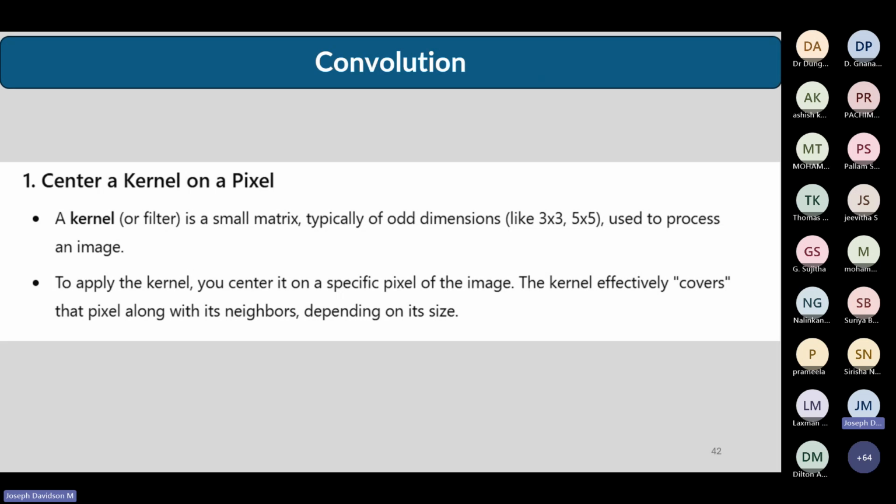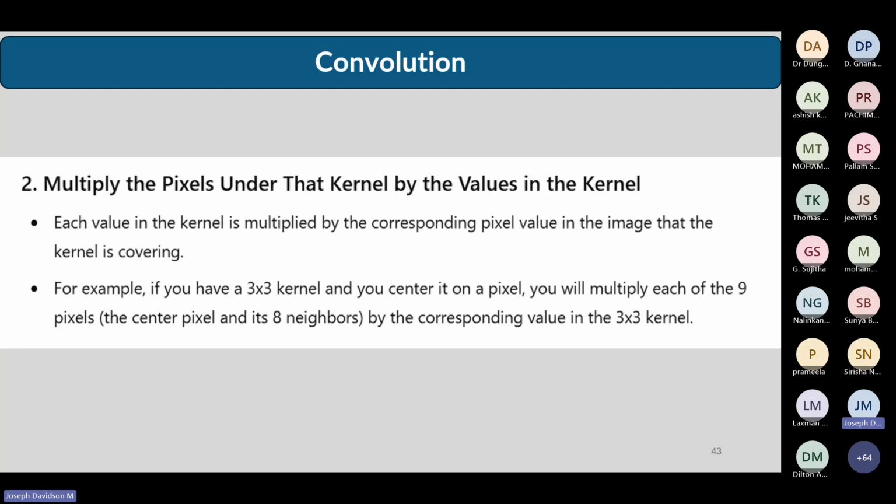Convolution. The first step is you take a kernel or a filter. It is a small matrix, a matrix of numbers, like 3 by 3, 5 by 5, 7 by 7. There can be kernels of different sizes, and we put it on the image like a cover. It covers a particular pixel, and each value in the kernel is multiplied with the corresponding pixel value in the image.